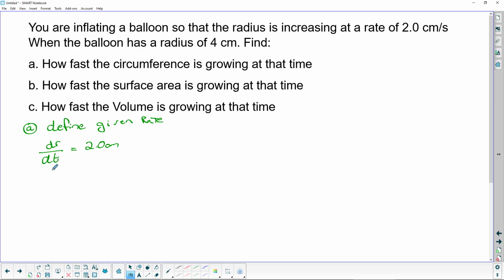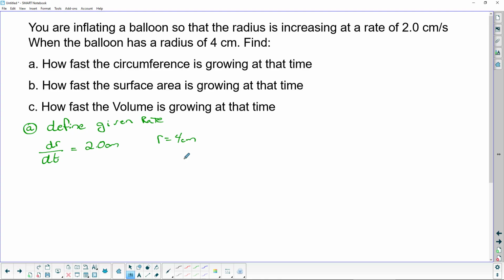Okay, dr/dt, that's our differential for an increasing radius. Okay, if it was decreasing, it would be negative, but it's increasing. Okay, and then this is when r equals 4.